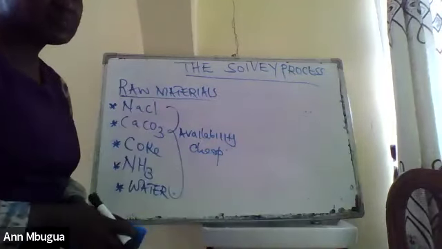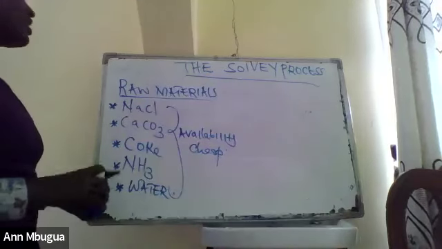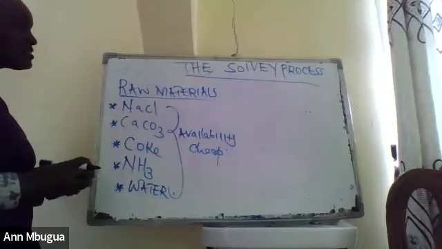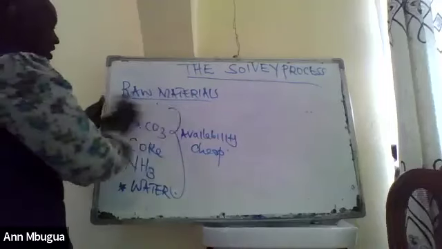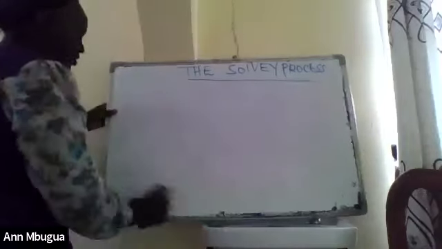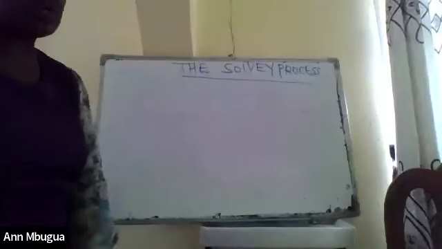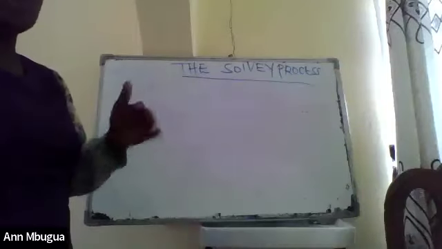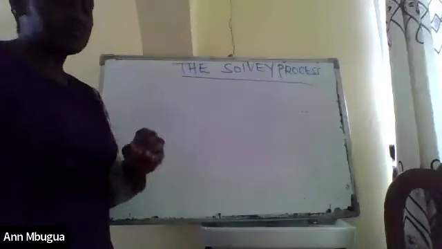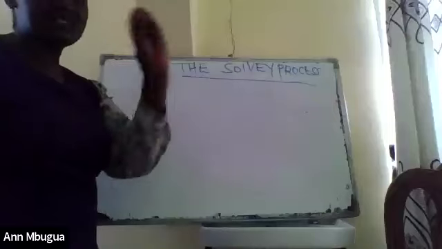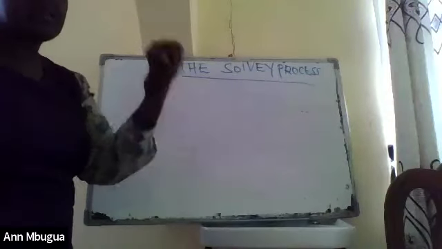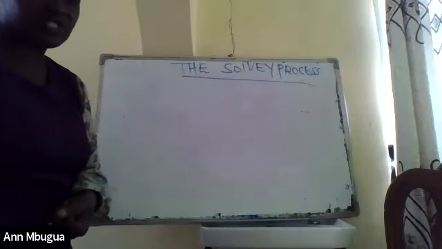So what are the steps that these raw materials undergo until we get large quantities? What is the flow chart of the Solvay process? Most flow diagrams are different, but once you have the concept, you can easily interpret it and respond to the examiner's question.